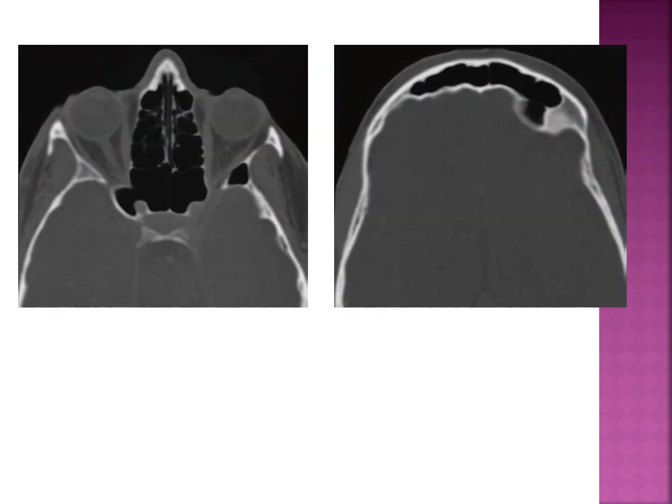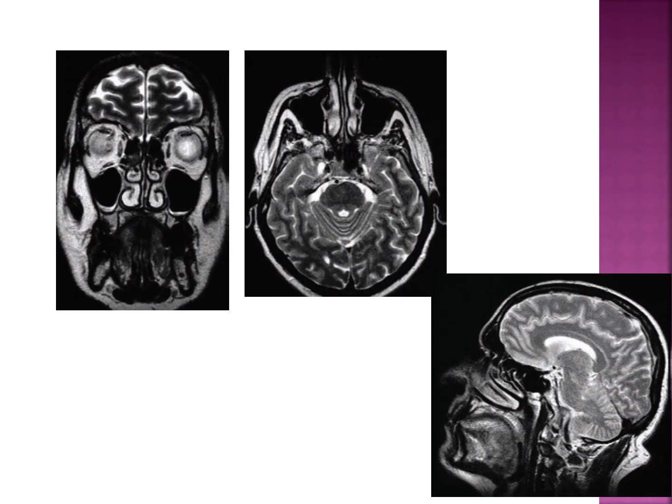An axial CT scan cut showing the ethmoid sinuses on the left and the nasopharyngeal recess, while the right image shows the frontal sinus. This is an MRI showing a coronal, an axial, and a sagittal view of the head.